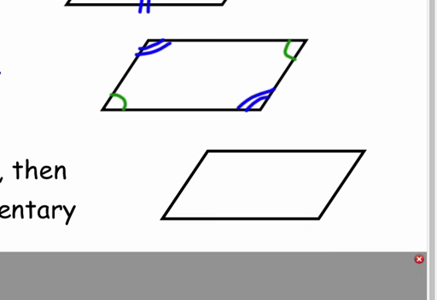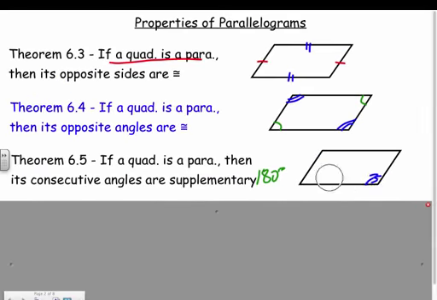In this case, I could say that 1 and 2 add up to 180 degrees. I could also say that 1 and 3 add up to 180 degrees. That should make sense because 2 and 3 are the same. So if 1 and 2 add up to 180, 1 and 3 should add up to 180. So any consecutive angles are supplementary.